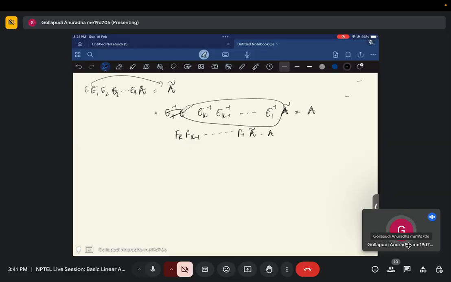Similarly, I have the reduced row echelon form of the B matrix, and if I do some elementary operations I get B. Now I'm saying determinant of this.